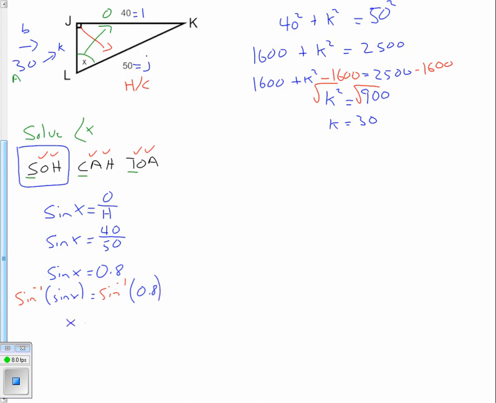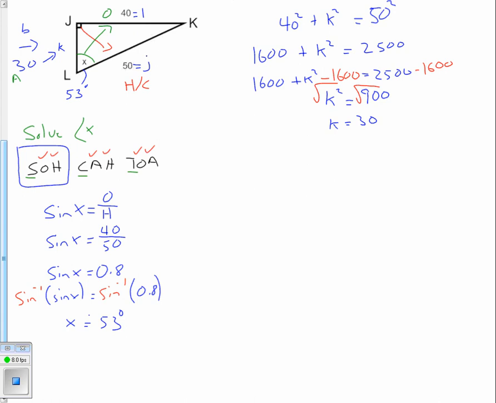So x is going to equal whatever the inverse sine of 0.8 is, which is approximately 53 degrees. Now we know that angle x is 53 degrees.